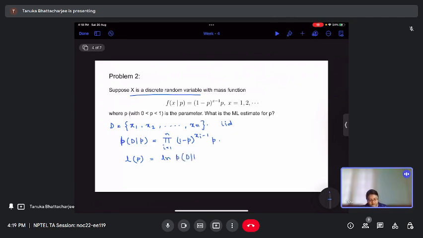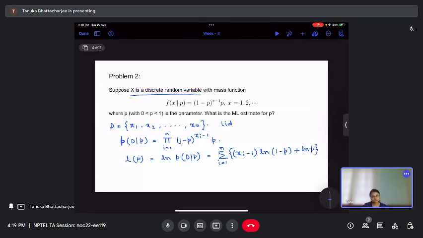If we apply log on the right hand side, we get summation i equal to 1 to n of (xi minus 1) ln of (1 minus p) plus ln of p. The entire thing is within the summation.